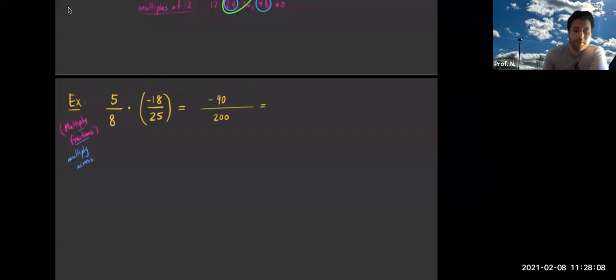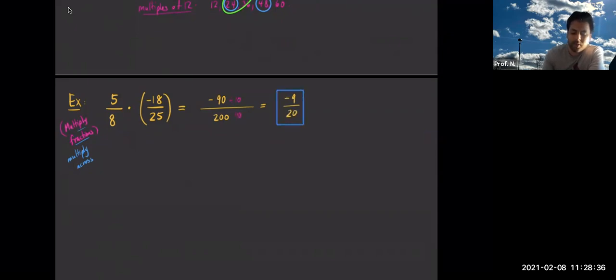And then you can simplify negative 90 over 200. So what goes into negative 90 and 200? Well, you can see that they both have a factor of 10. So you can divide both numbers by 10, for example. And then you're left with negative 9 over 20. So the answer is negative 9 over 20, as some of you have said.